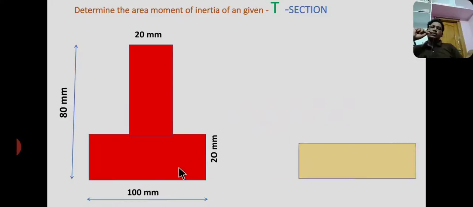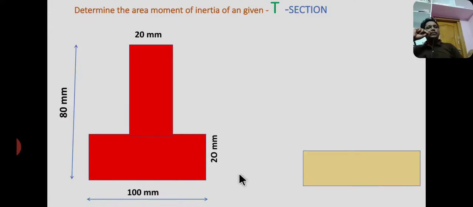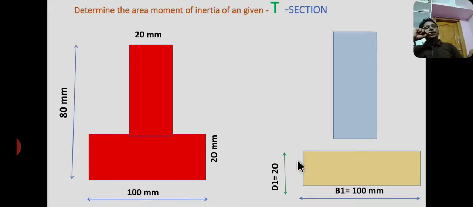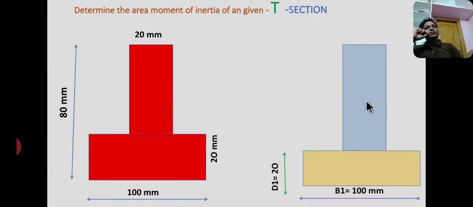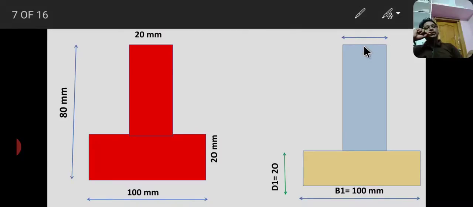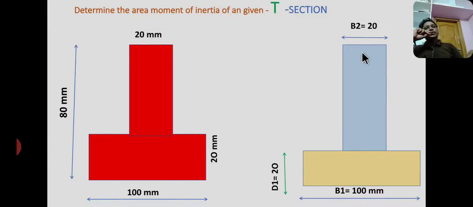I am considering the bottom rectangle as section 1 having dimensions base b1 equal to 100 mm and height d1 equal to 20 mm. I am considering the vertical rectangle as the second section having dimensions base b2 equal to 20 mm and height or depth d2 equal to 60 mm.